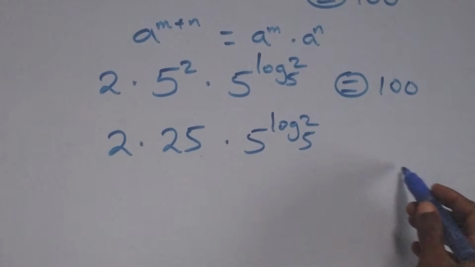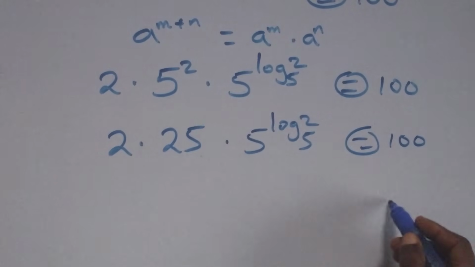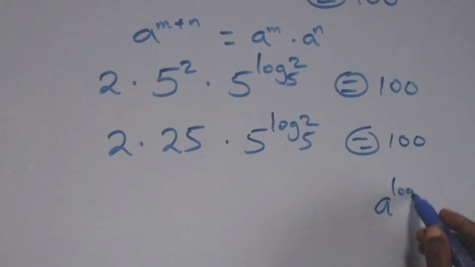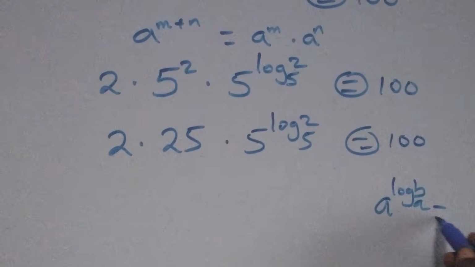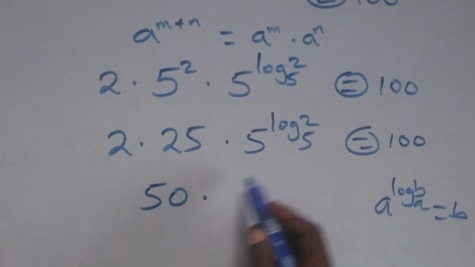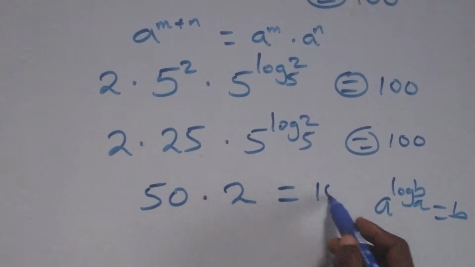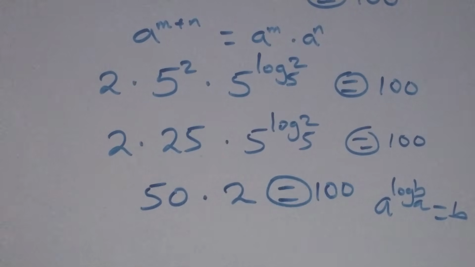Then we should recall that when we have a raised to power log b to base a, this is equal to b. So 2 times 25, that's 50, then times this, which is now 2. Is it equal to 100 on this side?